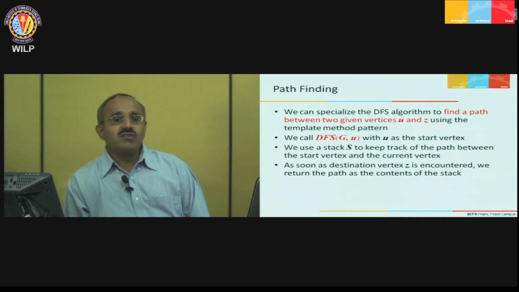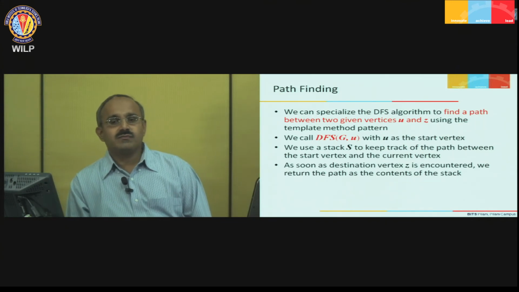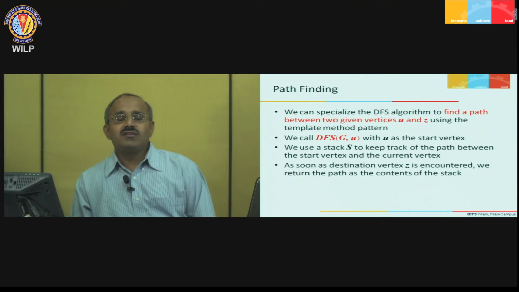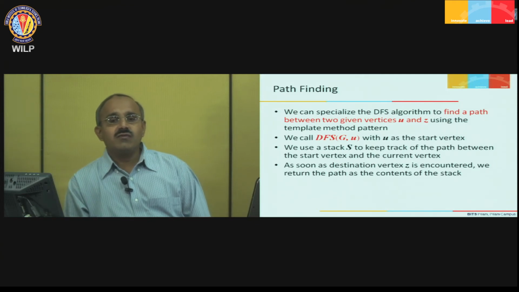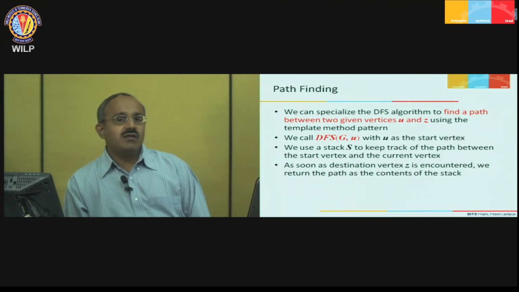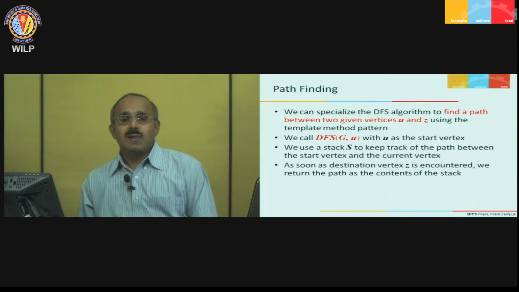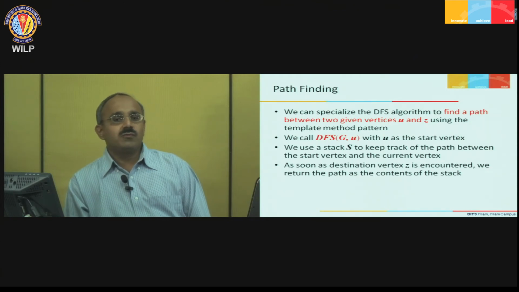A stack S is kept to track of the path between the start vertex and the current vertex. As soon as the destination vertex z is encountered, we return the path as the content of the stack.